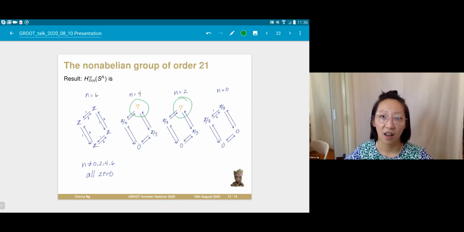And I think the hope for the future is that this method seems pretty straightforwardly generalizable to non-abelian groups of order PQ. You will have a non-abelian group of order PQ whenever P is 1 mod Q or something like that. And also the next steps after this computation are to look at confirming the computation through other methods.